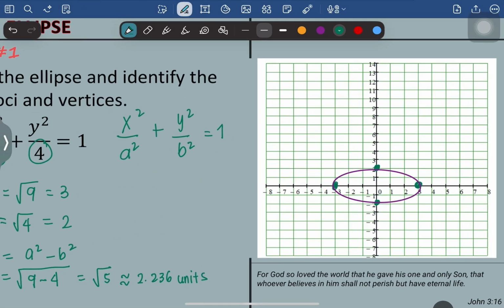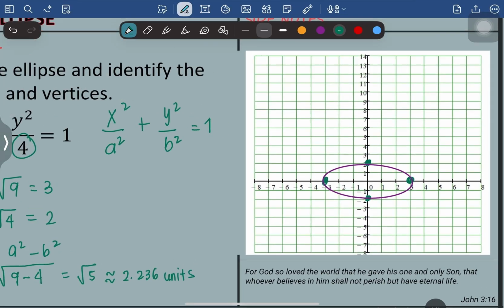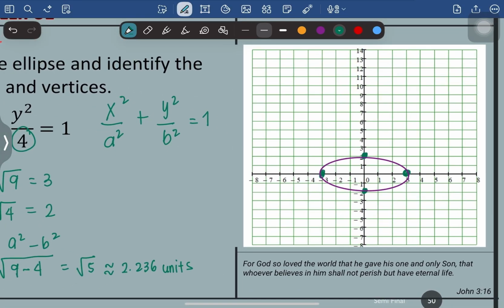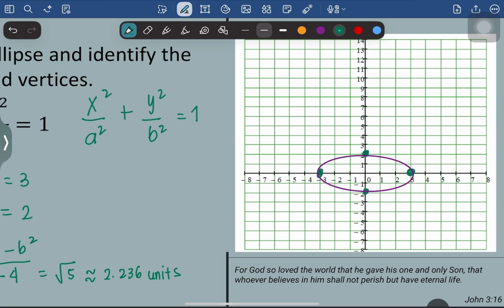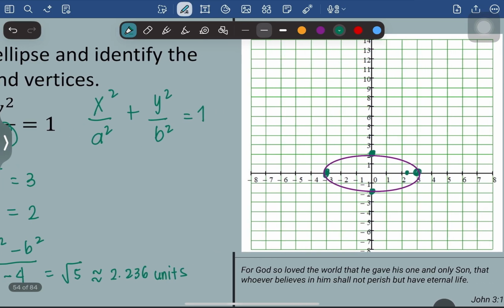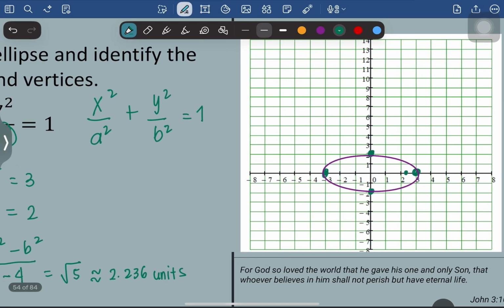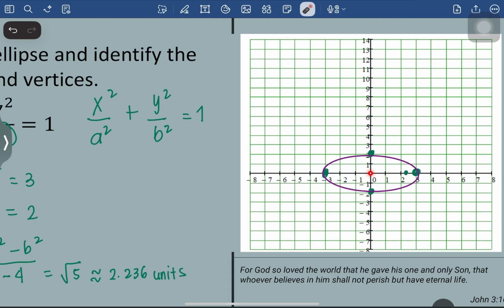So in plotting this, the distance from the center to one of the foci is about 2.2. So it is located here. Then another focus, about 2.2, is located along here.